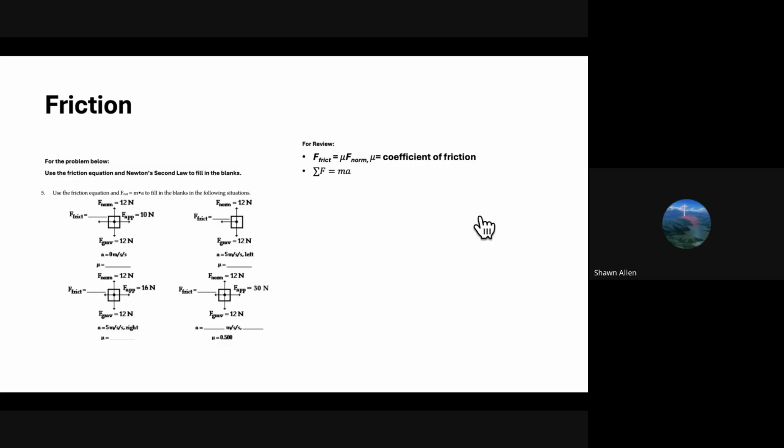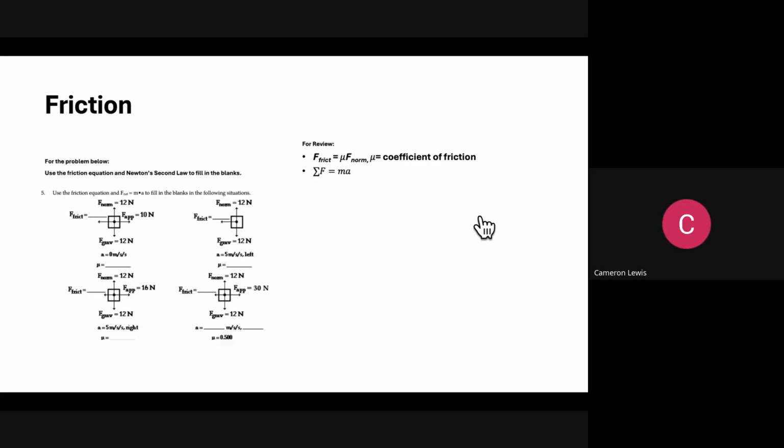Do we know the mass? No, we don't know the mass yet. I keep messing up because I keep forgetting to convert to kg. You need to do 12 over gravity, so 12 over 9.8. And you get what?